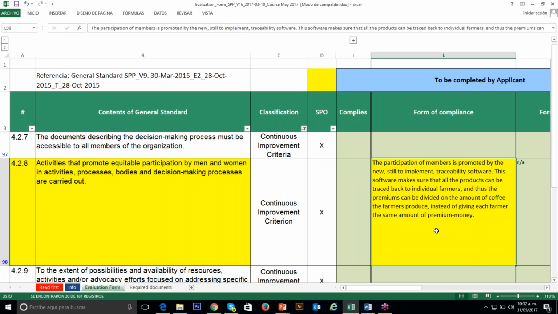It means that through the traceability we will go back to the farmers who produce the coffee, and then the premium money will be divided only among the farmers who participate in production, and not the whole group.